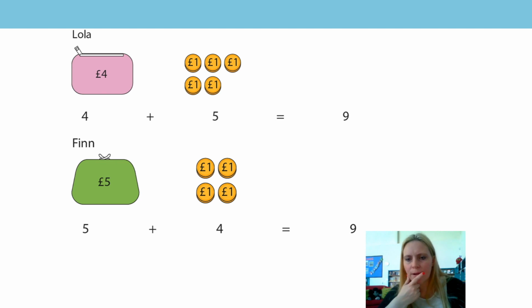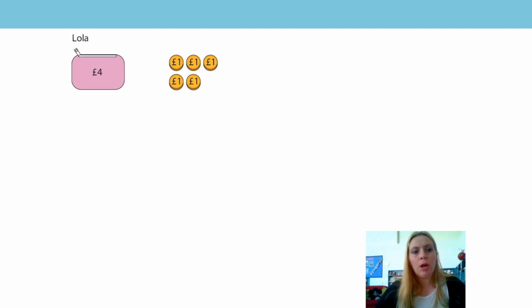But do you remember we found a new way of writing our equations where we didn't write the sum? I wonder if you could have a really quick go at that now, and then I'll show you what I've done. Okay, so I've got Lola and Finn's purses, and I can pop a little plus sign in here. Lola has £4 plus £5.